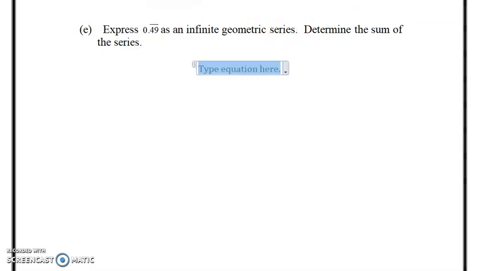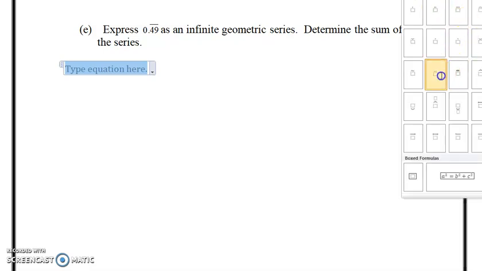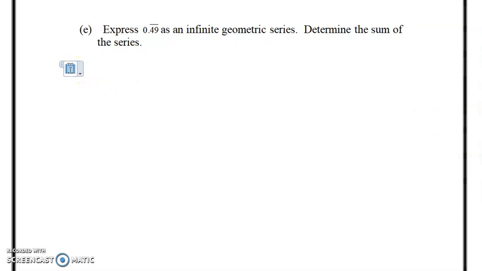First of all, we're going to write in our number. So we have 0 decimal, and there's our number.